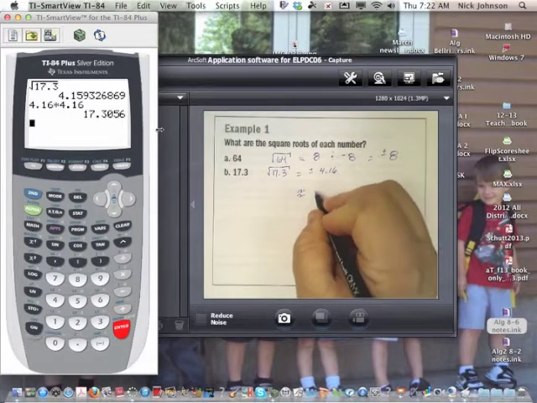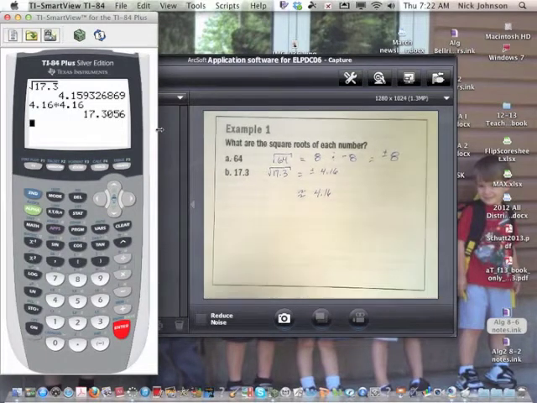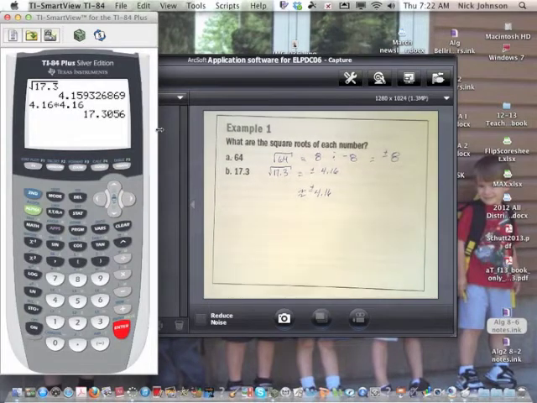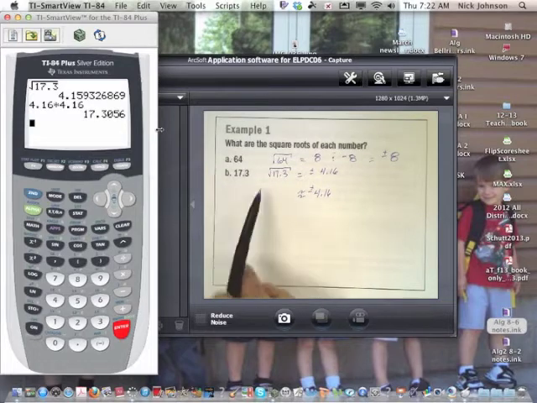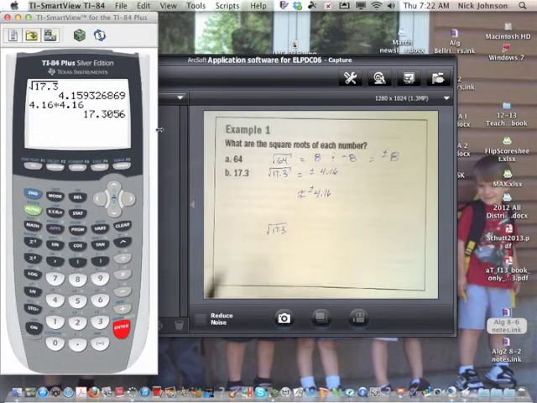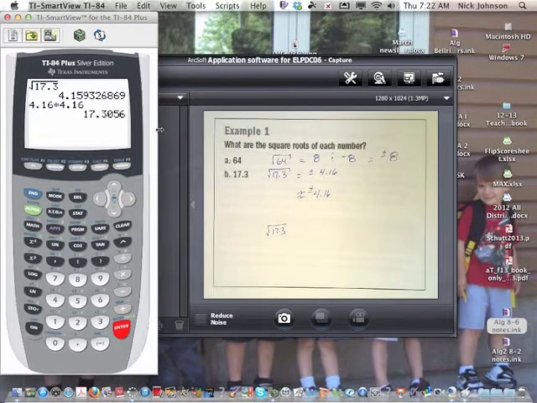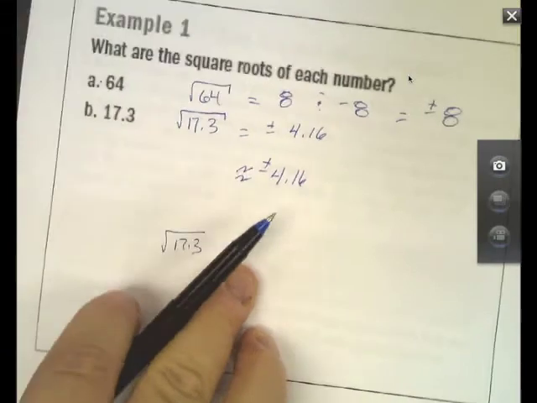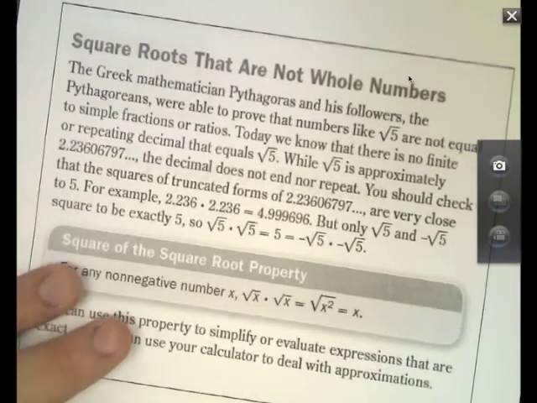So it's actually a little bit bigger, but what we call this then is an approximation. 4.16 is the square root. Okay? Both those will work. It's not an exact answer. If you wanted to leave this as an exact answer, you would have to leave it as the square root of 17.3 because you can't get an exact answer. Okay?